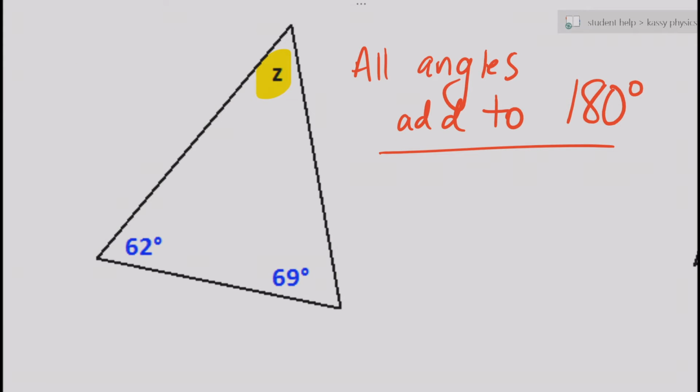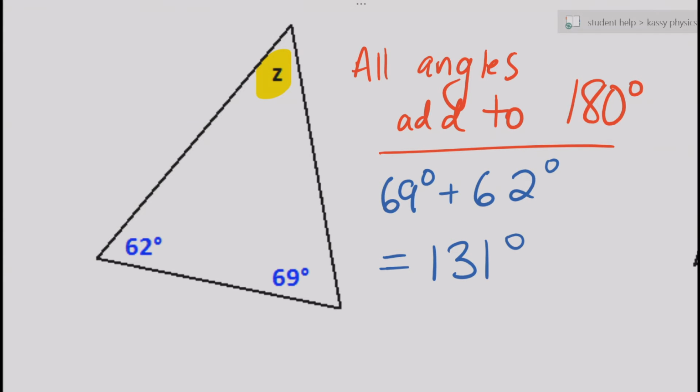And so 62 plus 69 plus Z should equal 180. So what is 69 degrees plus 62 degrees? Well, we can do that in our calculator. And we get that of our 180 degrees, we've already used up 131 degrees.